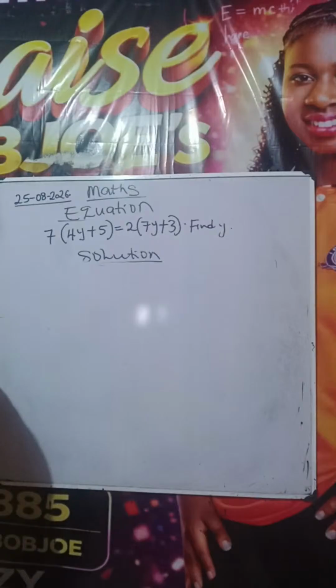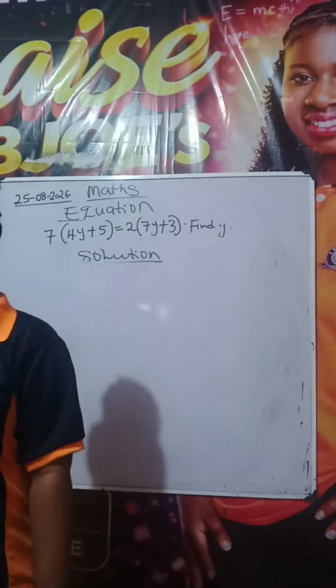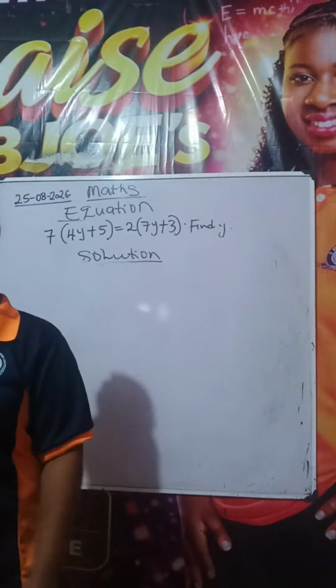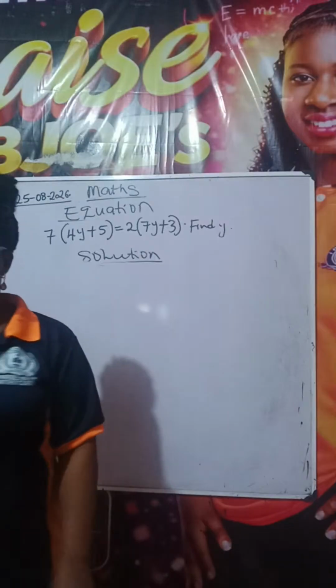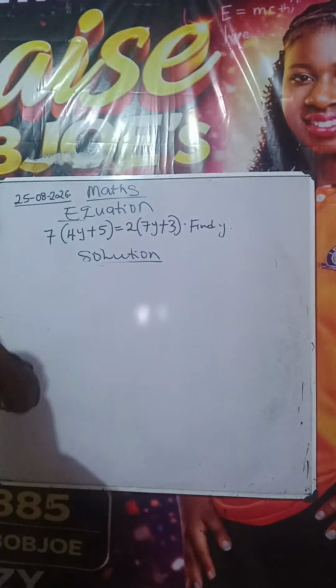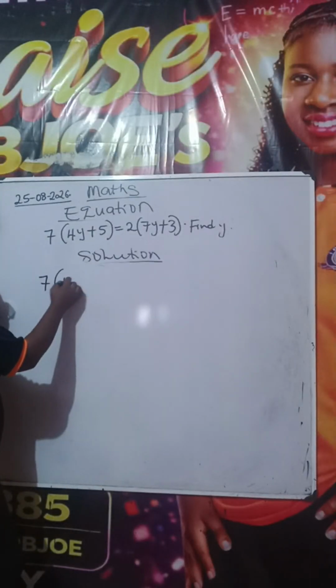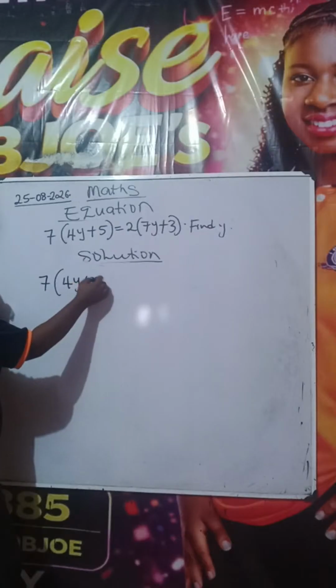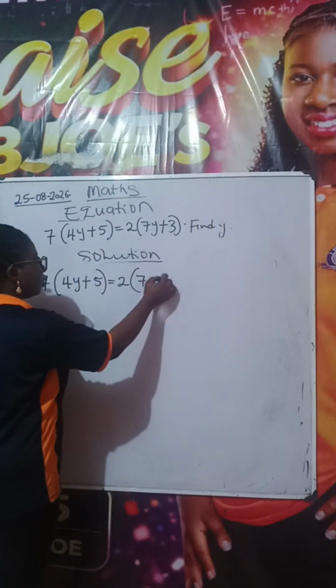So what are we going to do? So now all we need to do is look at it. Let's first bring down the question. So we have 7(4y + 5) equals 2(7y + 3).